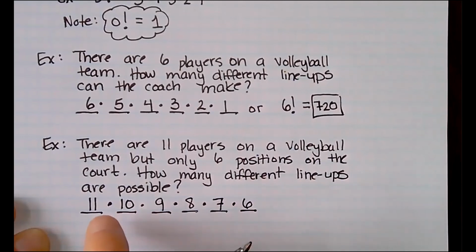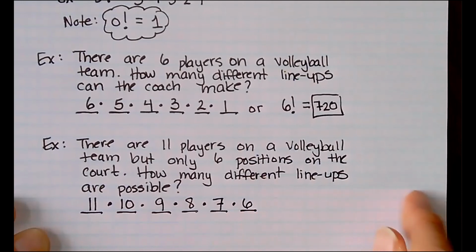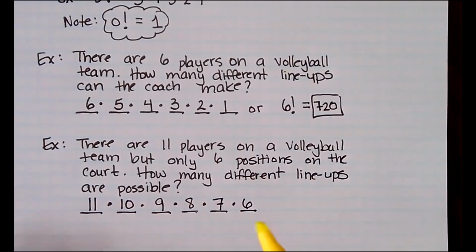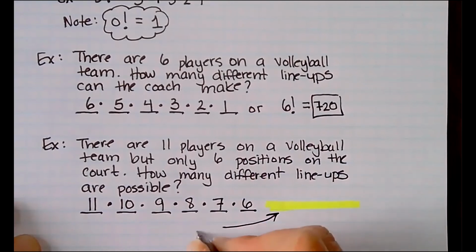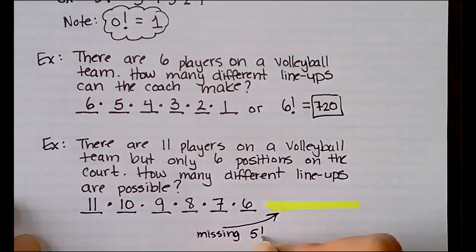Now, you'll notice that this is not 11 factorial. We are missing 5, 4, 3, 2, 1. So we can type all this in our calculator, 11 times 10 times 9 times 8 times 7 times 6, but notice that we are missing 5 factorial from 11 factorial.